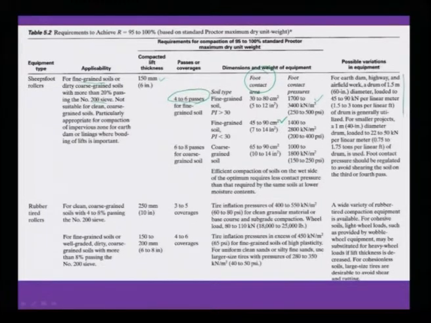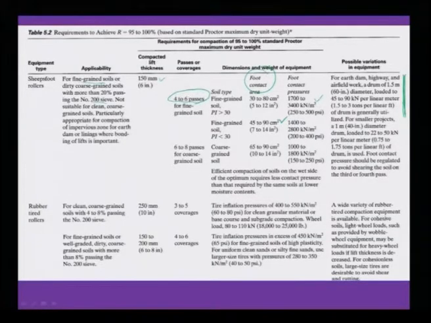You see, this size of the drum has been specified. If you are using it for earth dam, highway, particularly aerodrome or airfield work, this is the size of drum you are going to use.